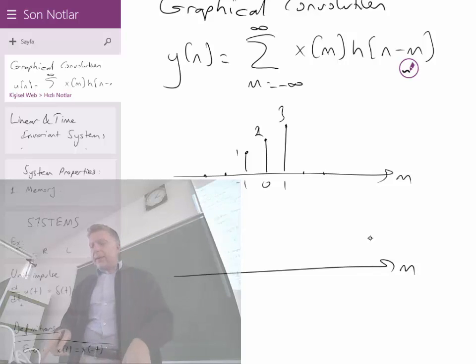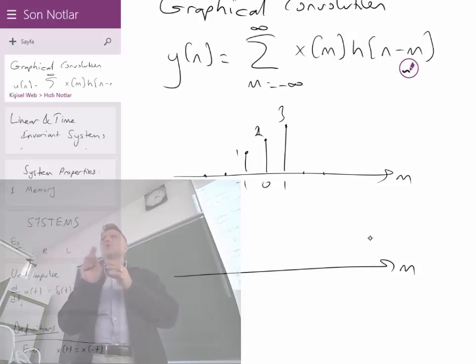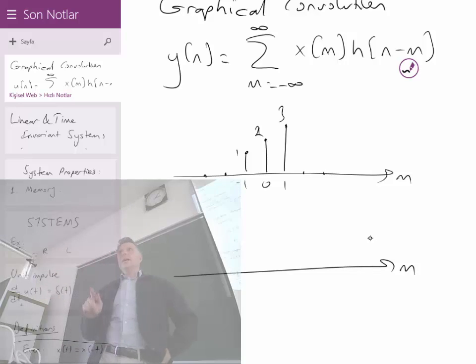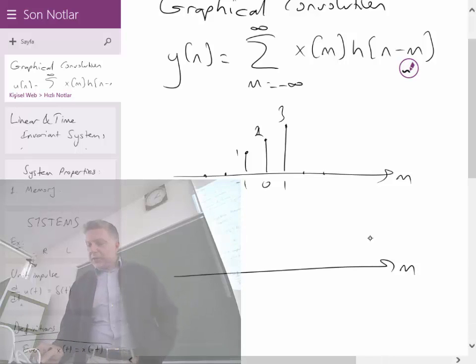First of all, on the axis of m, h of n minus m is h of minus m. We have to give some landmarks, some specific points for n. Let's assume n is equal to 0. When n is equal to 0, the summation here will give me y of 0.